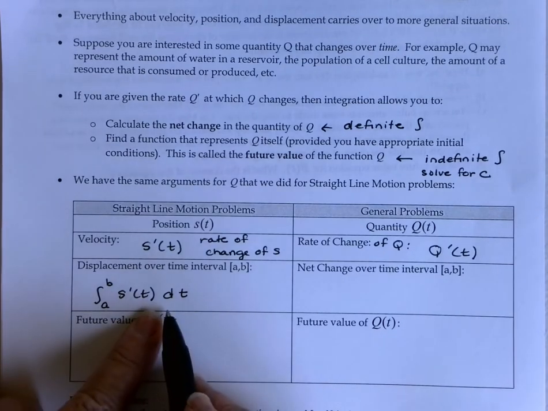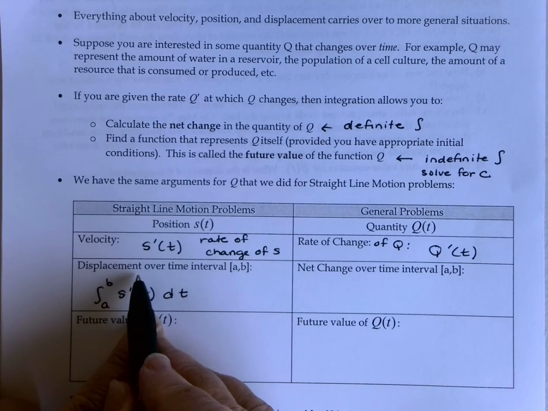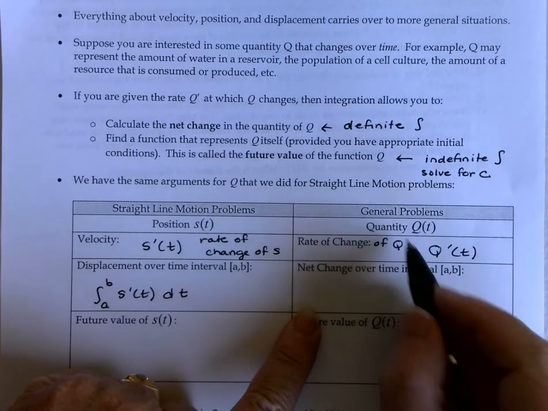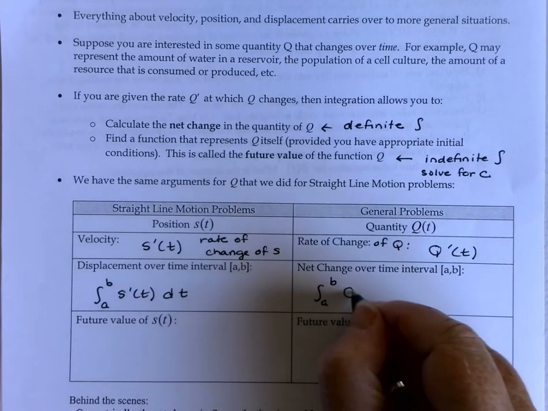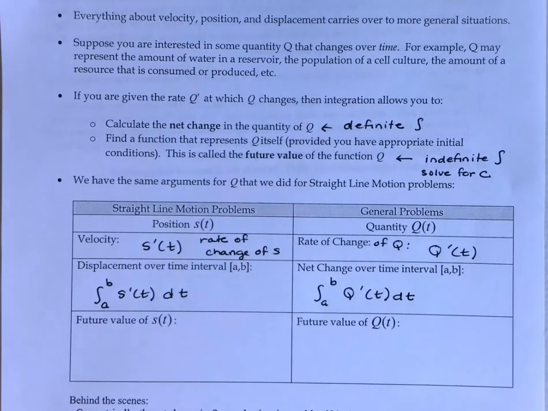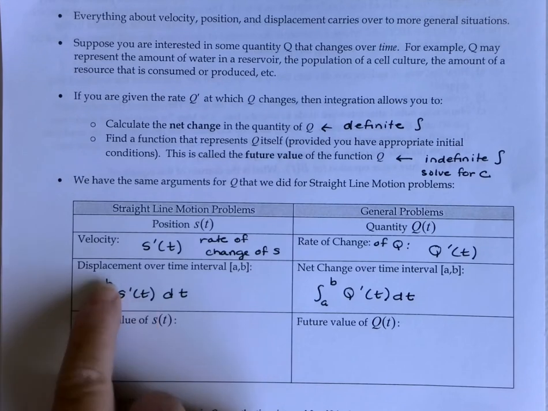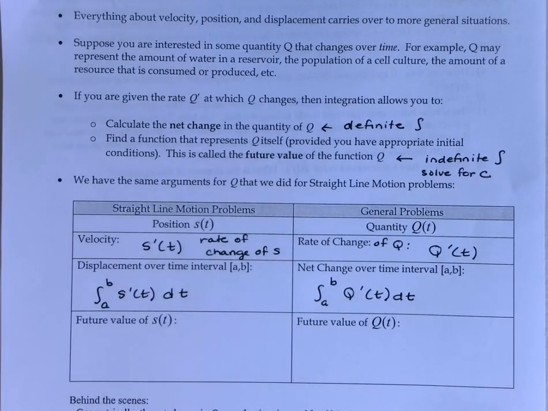Using that same thought process, just like this would tell the displacement or the change in position, we could get the net change in quantity by integrating that derivative from a to b, the integral of Q prime of t, dt. So this is the net change in position, which is displacement. This is the net change in whatever the quantity we're working with is.